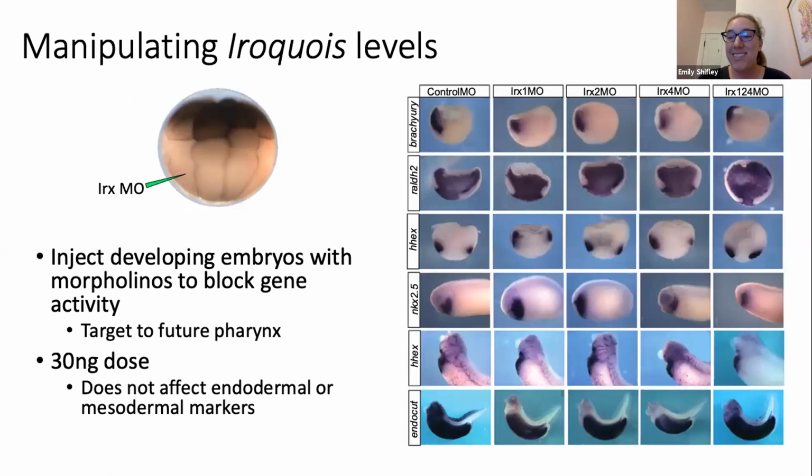So my lab's been interested in looking at all the Iroquois genes, not just 5, and seeing what role they play in the developing pharynx. So we've been optimizing knocking the different Iroquois genes down with morpholinos. These are control in situs, getting the dose right, where they look like they're gastrulating okay at these early stages, so we're not just messing up the whole embryo.